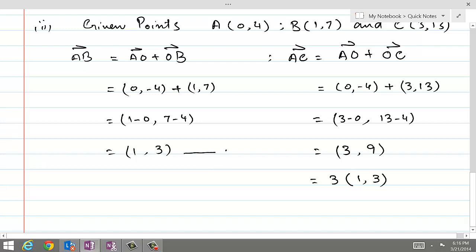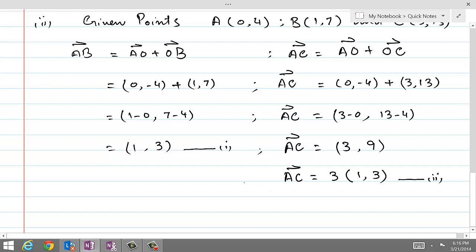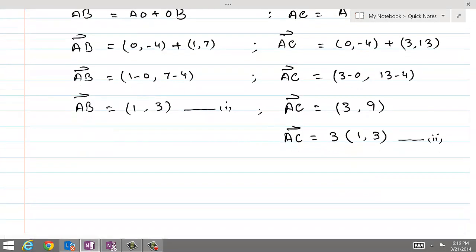If this is named as number 1 and this is named as number 2, and if we continue to write this as AC, separated with a semicolon, let's label these with their proper names, AB and AC.